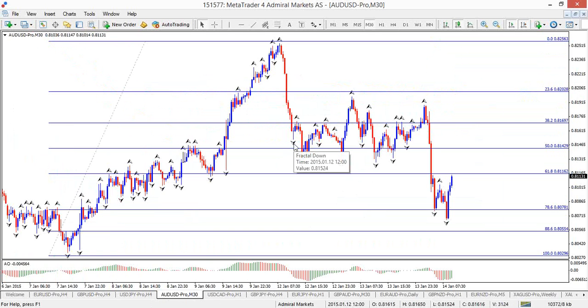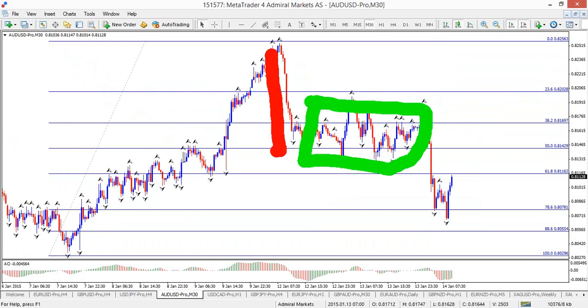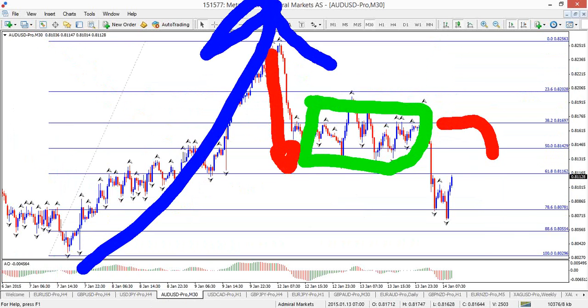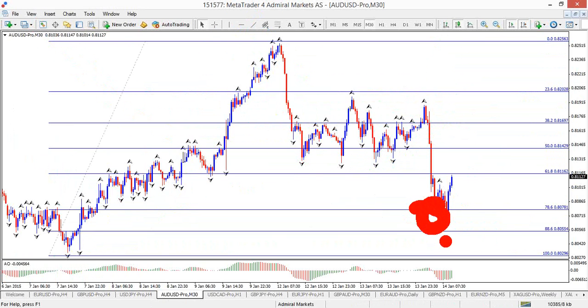Aussie did bounce at the 50-ish fib, but bounced weekly, so we got this kind of consolidation after a fall, actually, although it rose here. And we got one more fall here. So now we're at a pretty deep fib. Looks like a bouncing spot at the 78.6 fib, and we already did bounce.